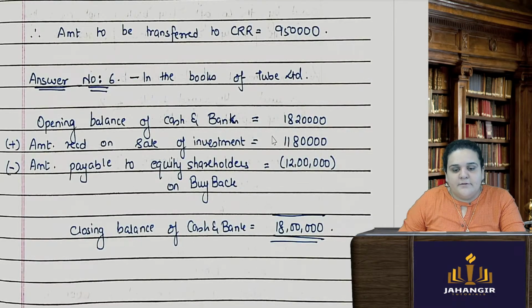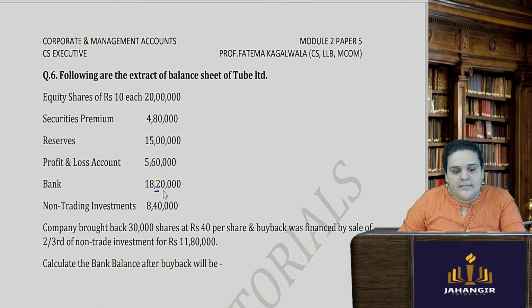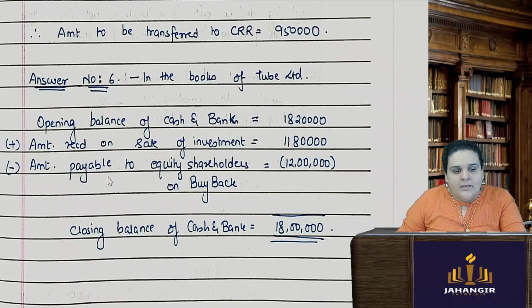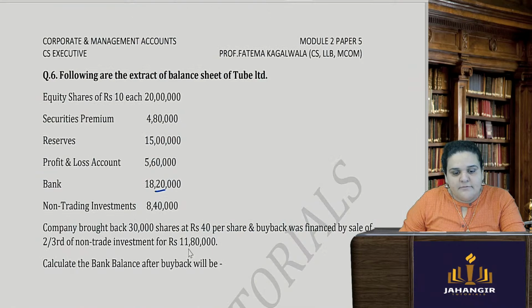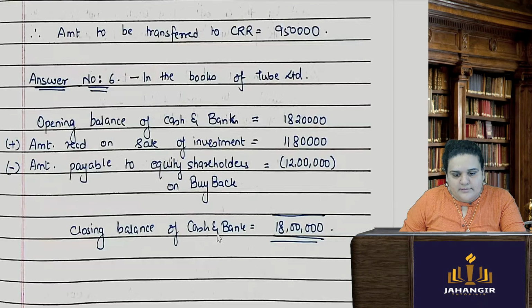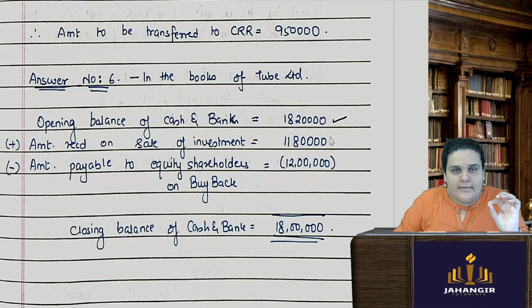Simple. Opening balance of cash and bank balance is 18,20,000. I have received some amount by selling my investments. How much did I receive? 11,80,000 I received. 18,20,000 was there. I sold my investment. They are asking about the bank balance, not profit. Okay.